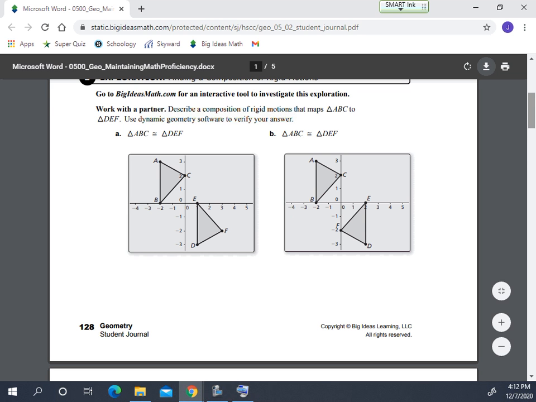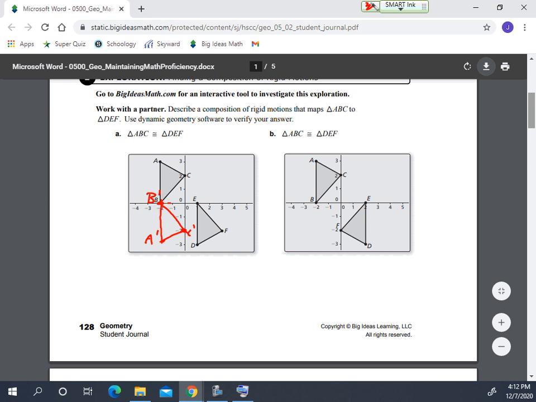So our first one, what it does is it flips over that x-axis. So I'm going to draw my triangle in red. Point B stays the same. Point C falls down here, and point A falls down here. Okay, so our new triangle, B prime, C prime, and A prime, right?